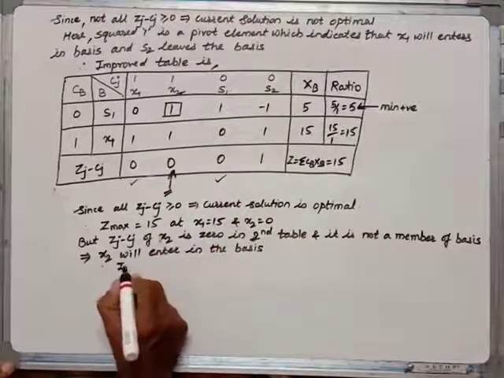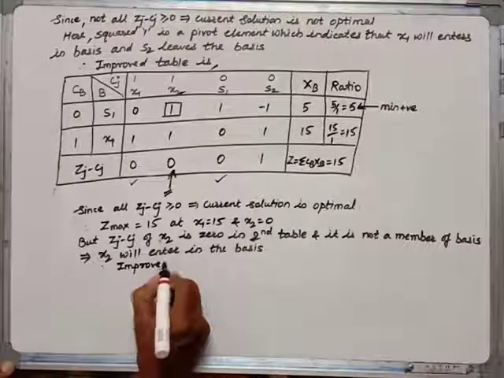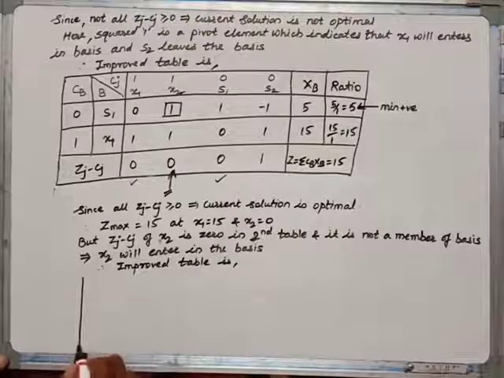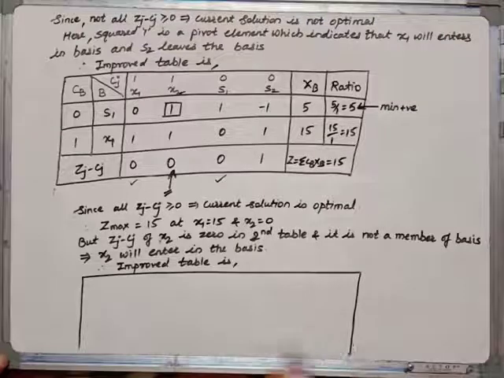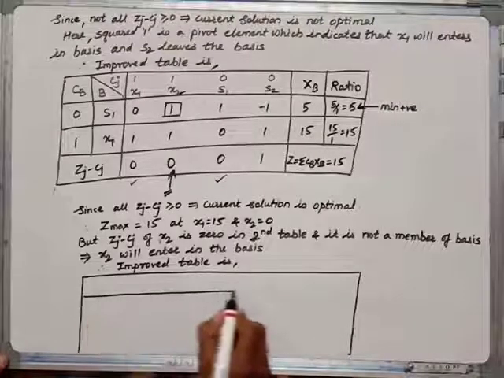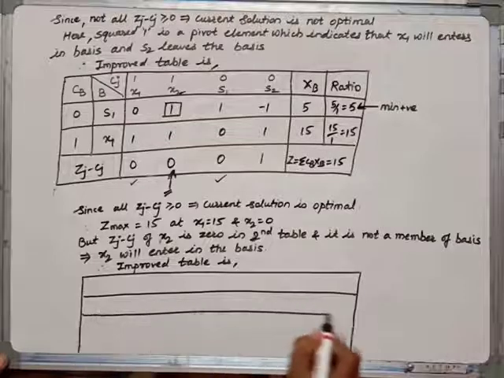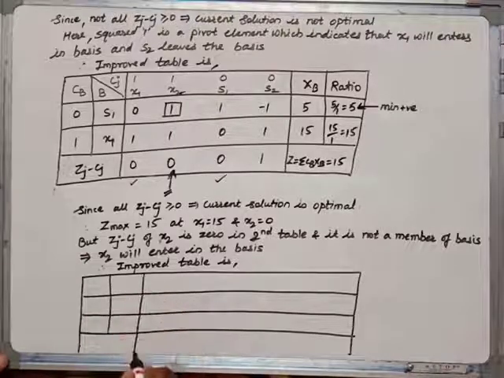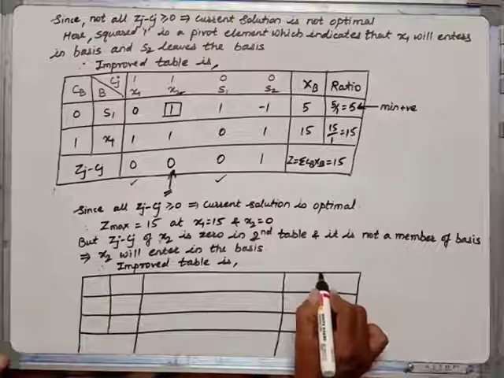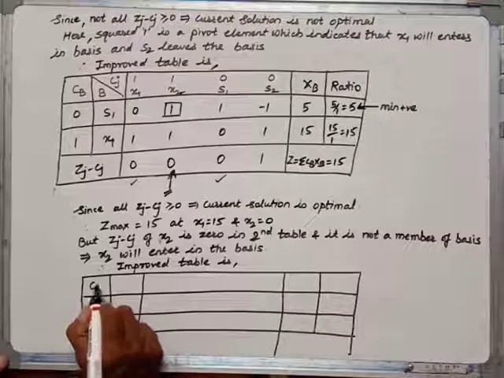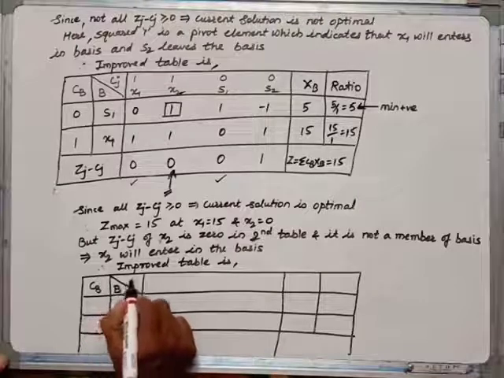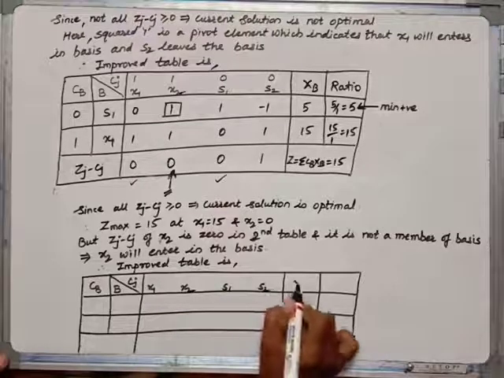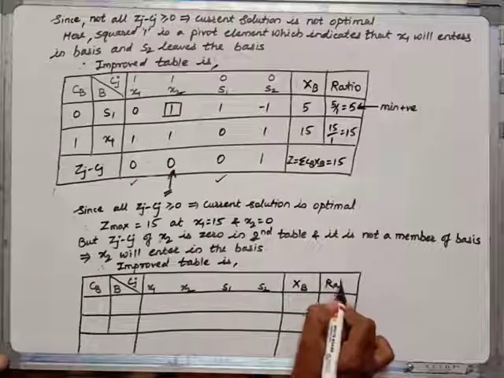Therefore, the improved table is here: CB, B, CJ, X1, X2, S1, S2, XB, ratios.